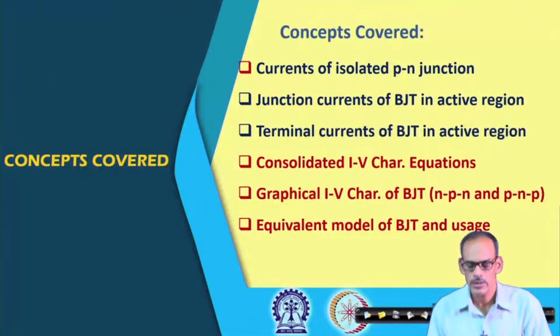Then we are primarily focusing on the basic difference between the two device characteristics, and then we are going for the equivalent model of the BJT, particularly the equivalent circuit we will be using instead of the equations.